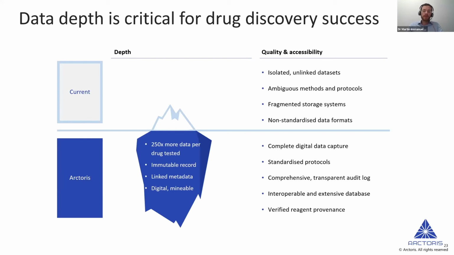And now, what is the benefit that automation brings? Automation, especially when coupled with a wide range of sensors capturing relevant data, enables data to be captured on a very different level. We can have a complete digital data capture.